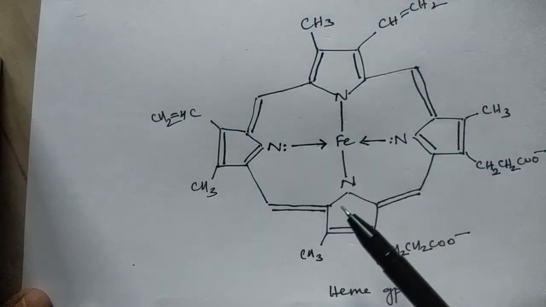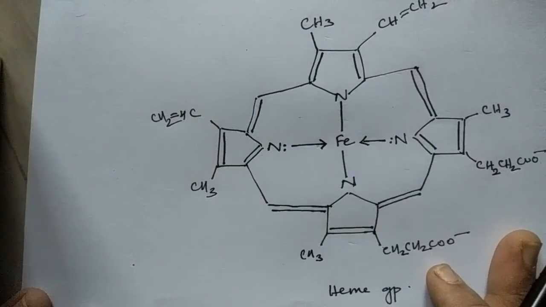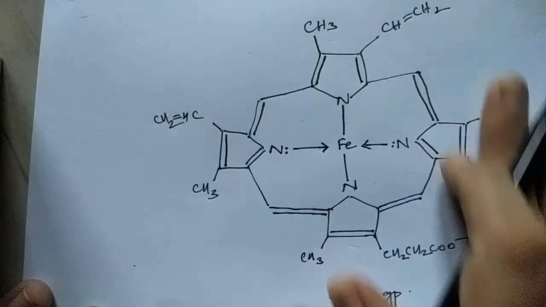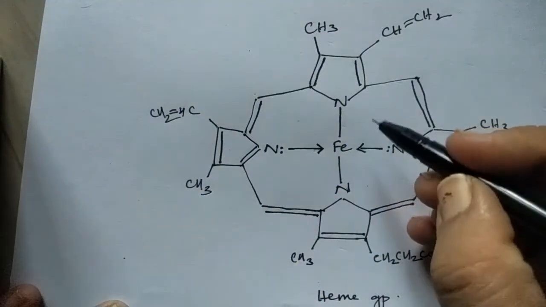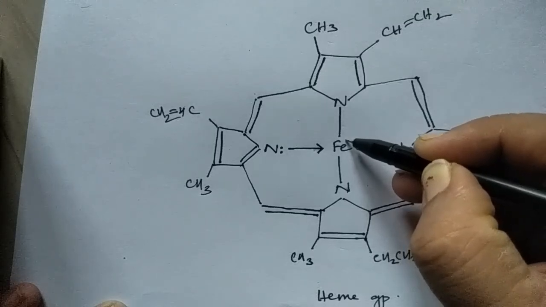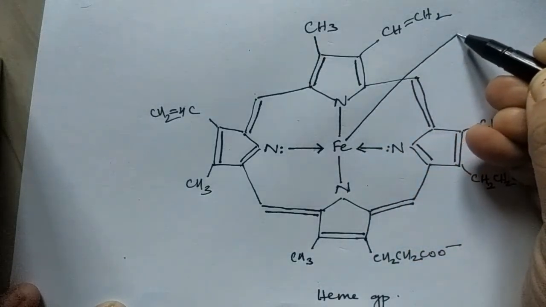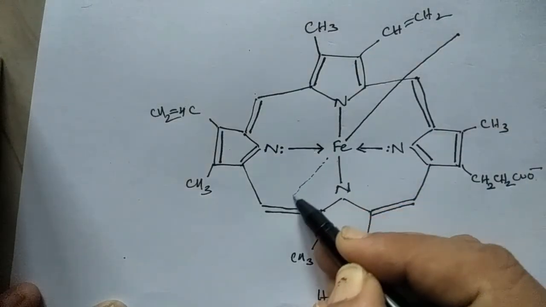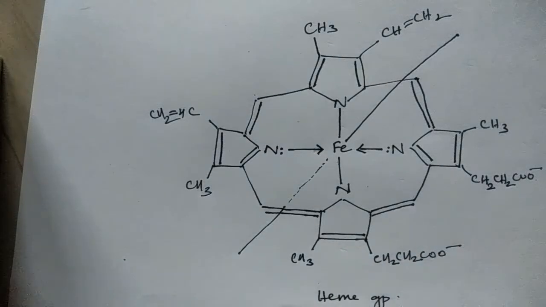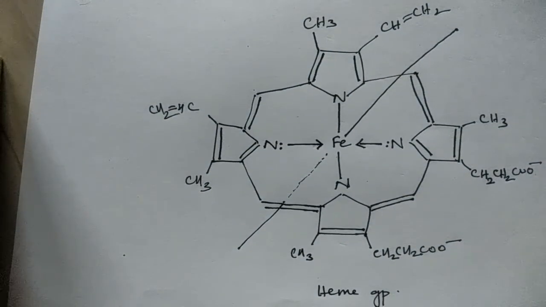So here only 4 atoms are present, all in the same plane, and for the 6 positions, one group will be attached from the upper side of the iron, and the other one will be attached from the downward side. So from the upper side one valency, and from below the other valency will be satisfied.